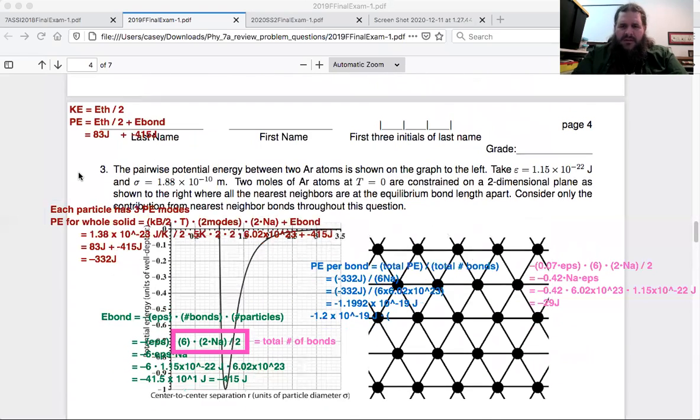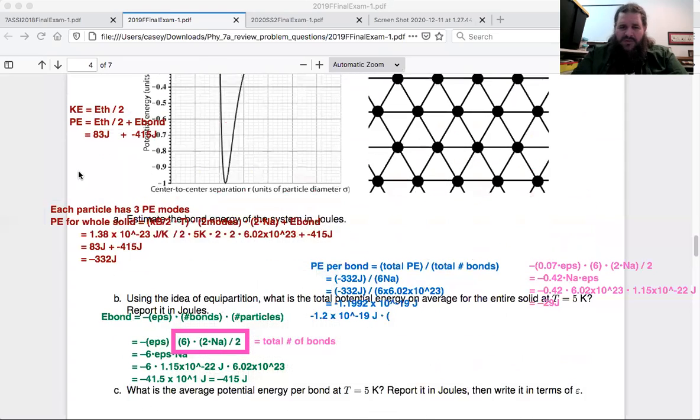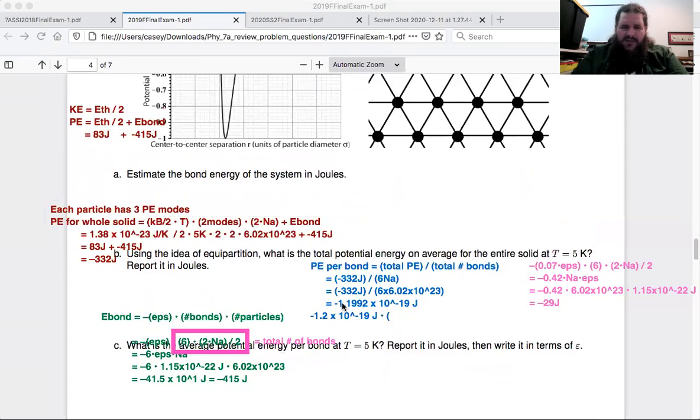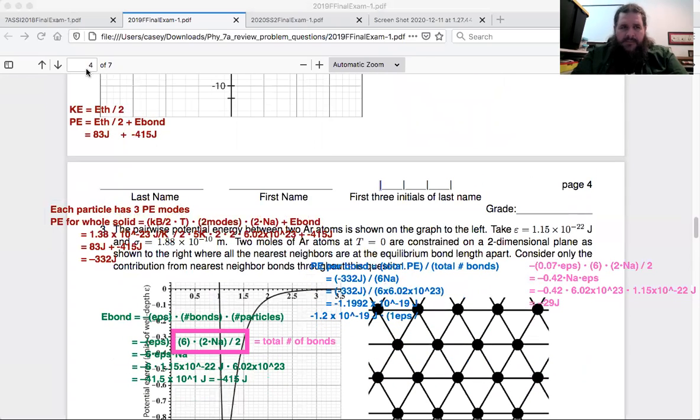We've got 1.15 times 10 to the negative 22 joules. So we're going to have to multiply this by 1 epsilon divided by, I should just write that down, 1.15 times 10 to the negative 22 joules.